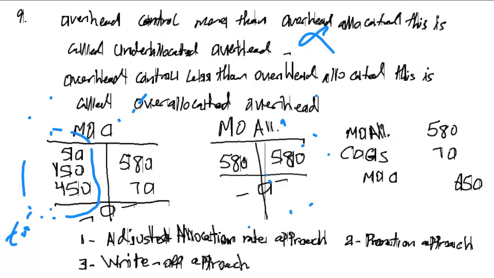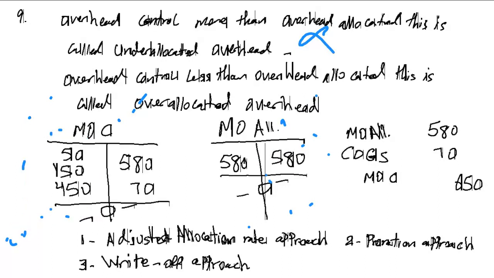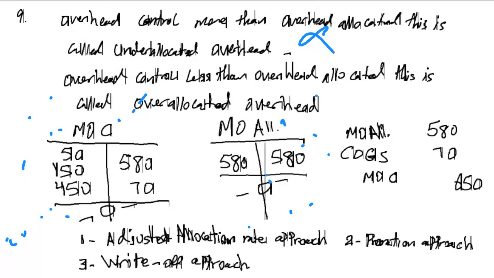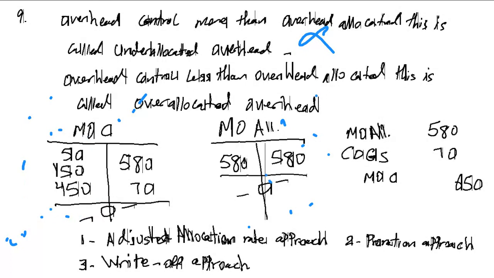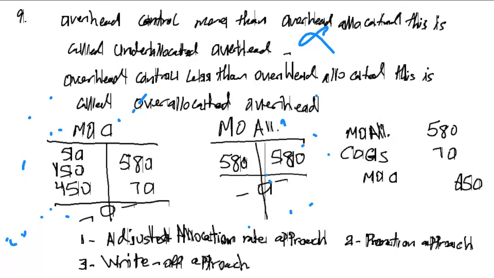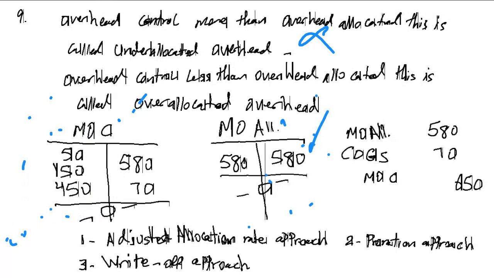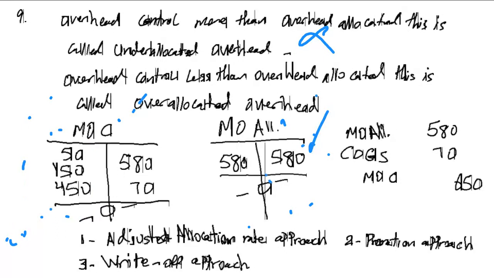But the thing is here, I have to close these two accounts. So this account right here, manufacturing overhead control, has $5,800 on this side, on the credit side right here. So in order to close that, I have to debit manufacturing overhead allocation. And I explained overhead under allocated and over allocated one more time here.